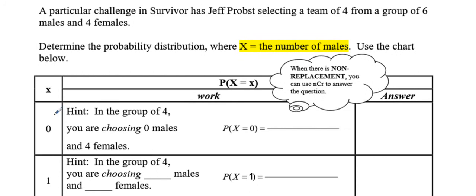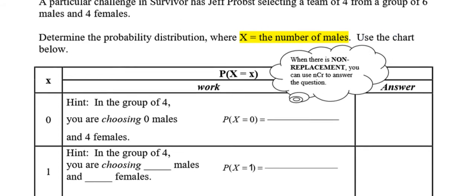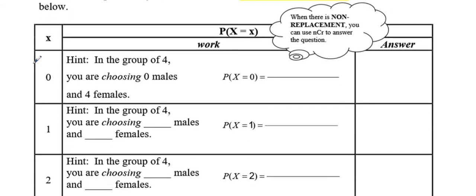So a particular challenge in Survivor has Jeff Probst selecting a team of 4 from a group of 6 males and 4 females. And we're going to determine the probability distribution where X equals the number of males. So again, everything is now in terms of males, and we're going to complete the chart. If we want no males, everything is done through NCR.